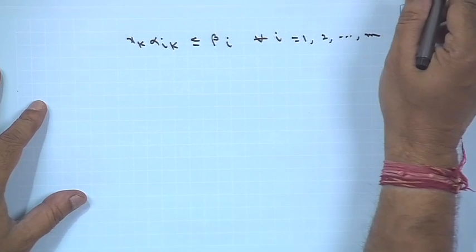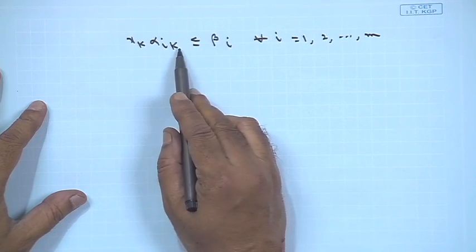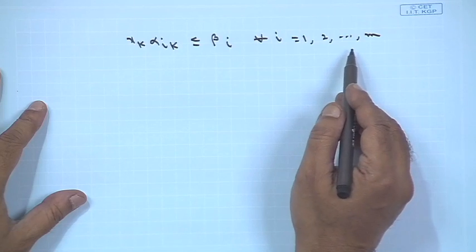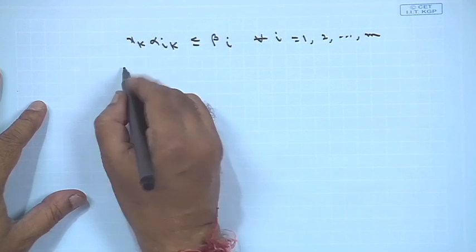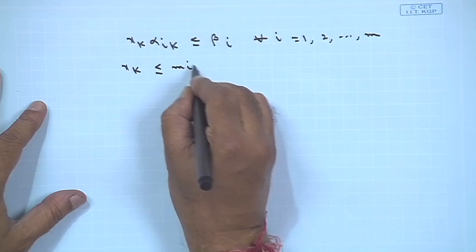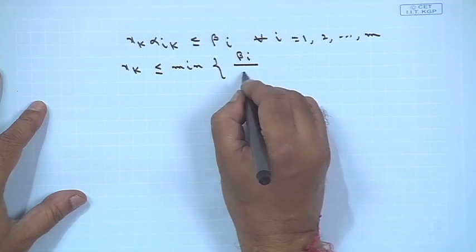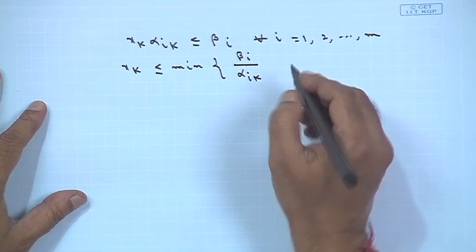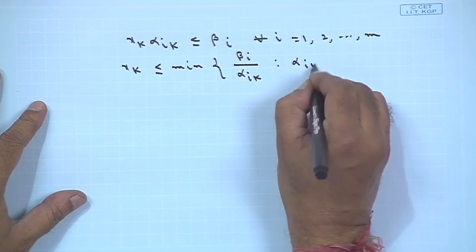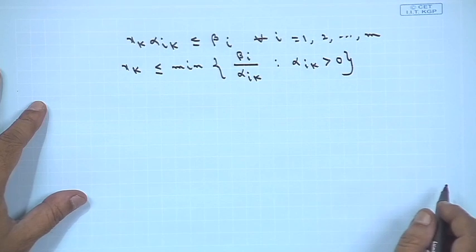So, for individual things we can tell that x k alpha I k should be less than equals beta I for all I equals 1 to m, or I can say x k is less than equals minimum of beta I by alpha I k, where alpha I k is greater than 0, minimum of this.